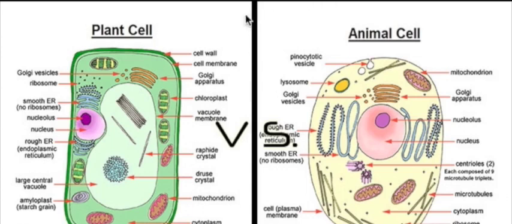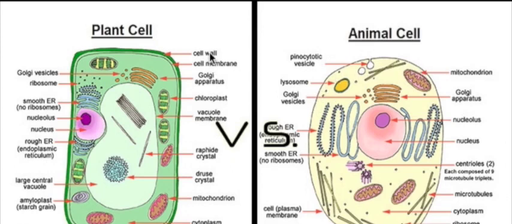To start with, we have a plant cell. A plant cell is surrounded externally by what is called a cell wall. And if we look at the animal cell, there is no cell wall.